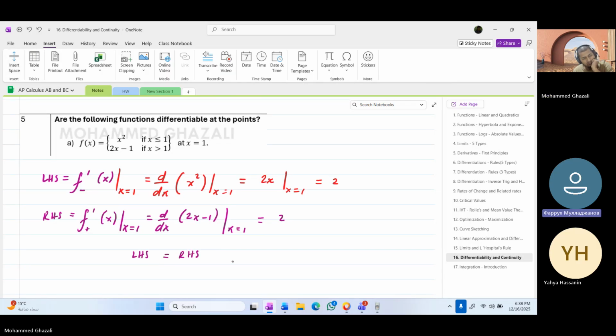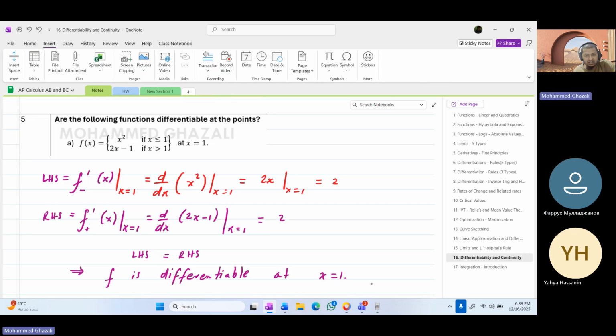Is it differentiable? Yes. The left-hand side and right-hand side derivatives are the same at x is equal to 1, so f is differentiable at x is equal to 1.